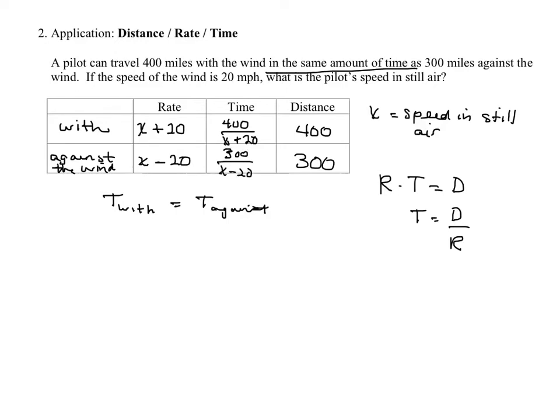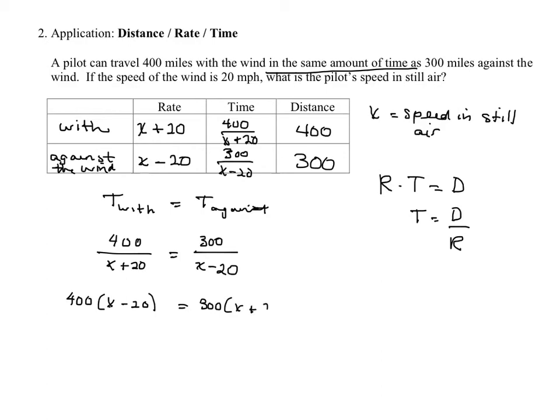So cool. I can write these equal. I love it because it's a proportion, and when you have a proportion you can cross multiply. So it's going to be 400 times x minus 20 is equal to 300 times x plus 20.